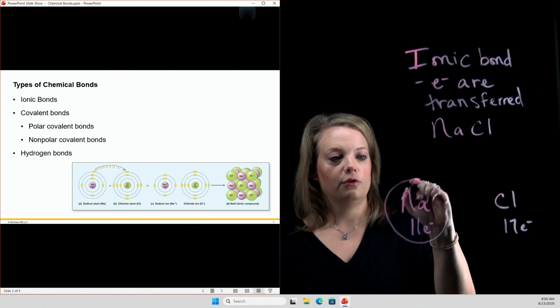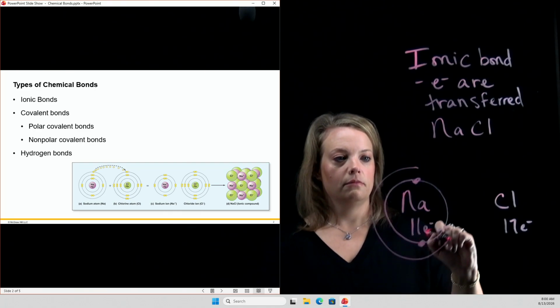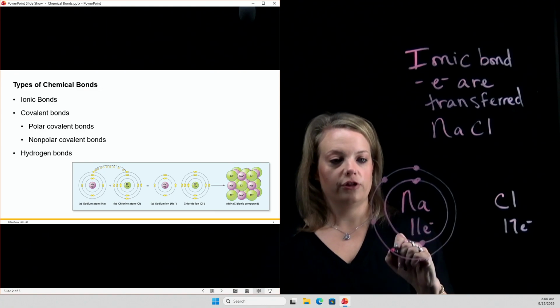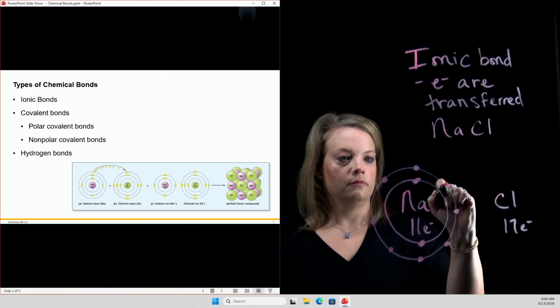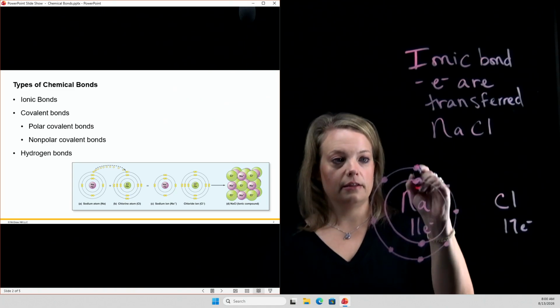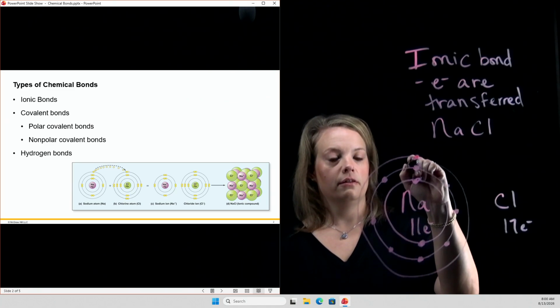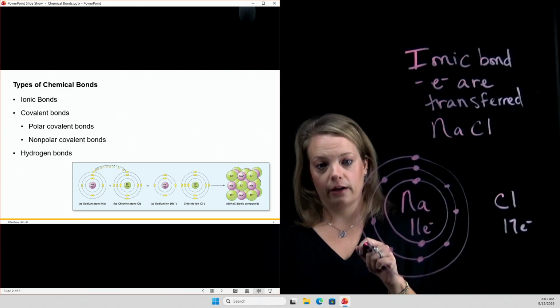So sodium is going to have 2 in this first shell, 8 in the second shell. So 2 plus 8 is 10, so it's going to have 1 more in that third shell. So again, atoms need 8 electrons in their outer shell to be stable.